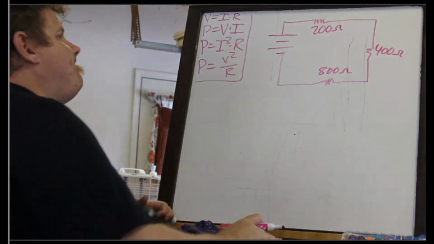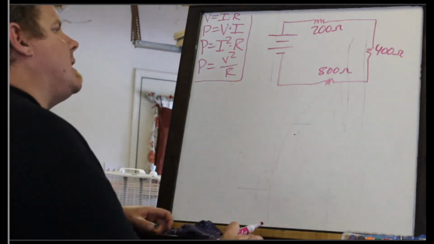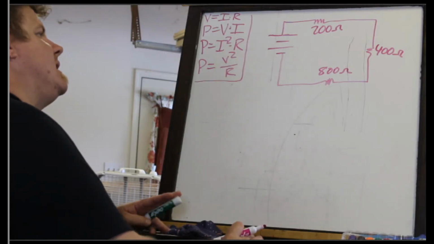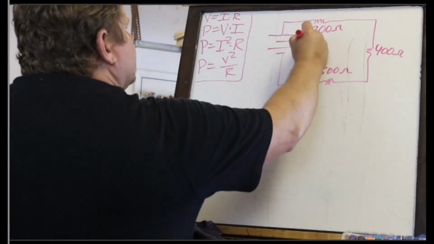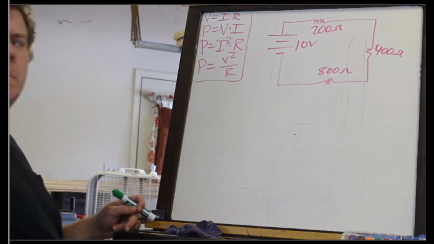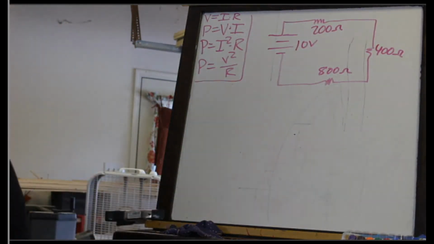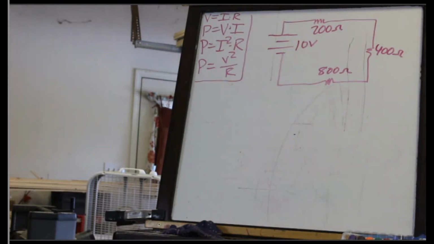And let's make the source a nice round number like 10 volts. Go ahead and write that down. So a 10-volt source, 200 ohm resistor, 400 ohm resistor, and 800 ohm resistor in series.